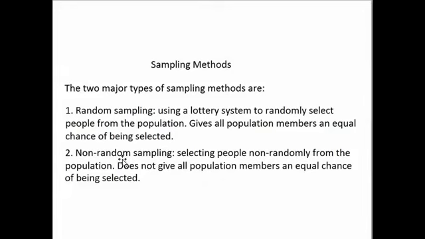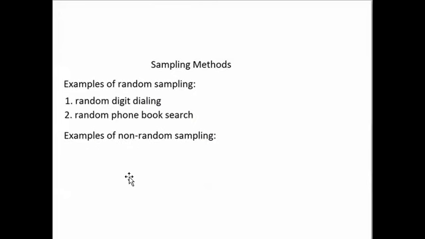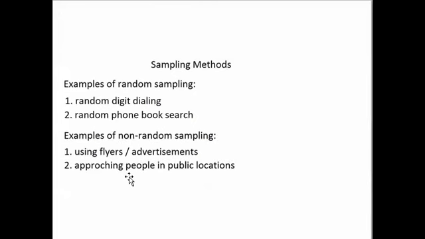So putting up a flyer or an advertisement is also non-random sampling. It doesn't give all population members an equal chance of being selected. So here are some examples of random sampling, and here are some examples of non-random sampling. We talked about using flyers or approaching people in public locations.